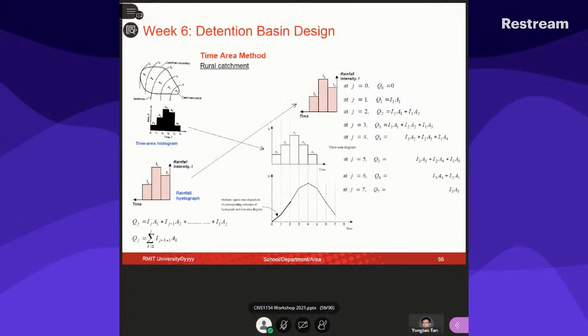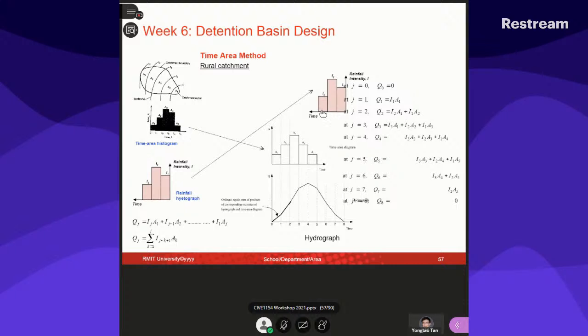Then move on to time T7. Only one area is contributing, the last area, A5, so the intensity is I3. At time T8, no area contributes to the runoff.